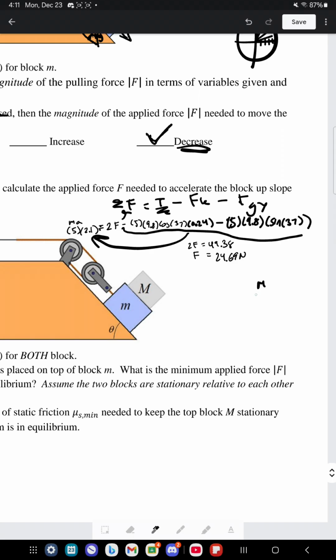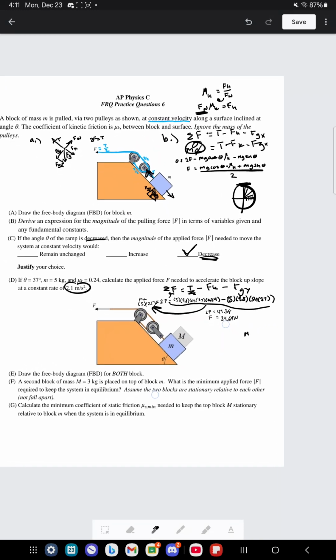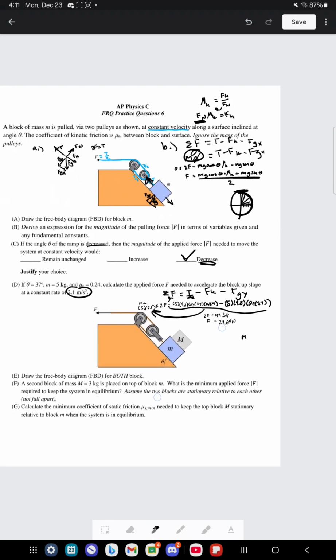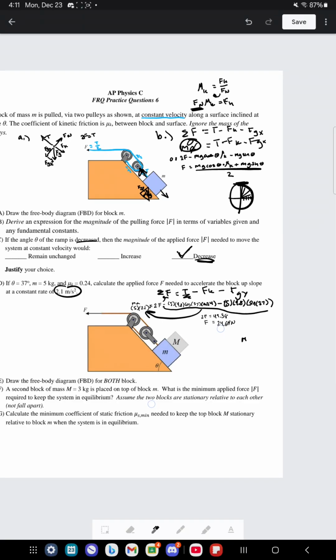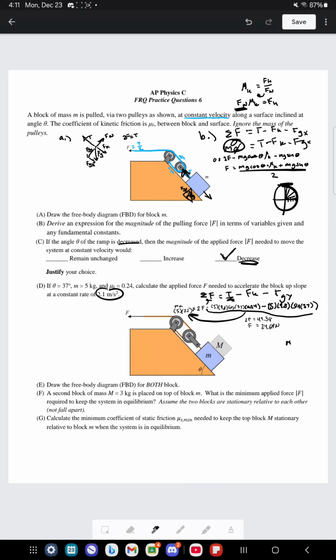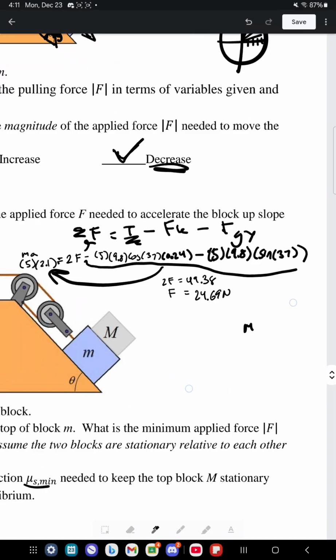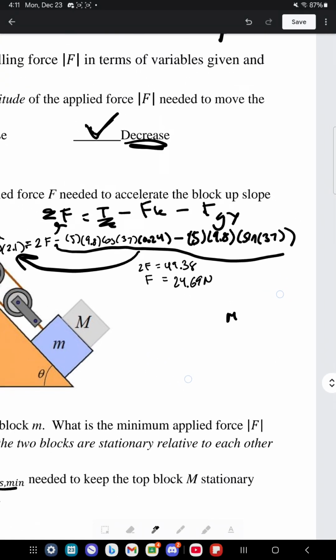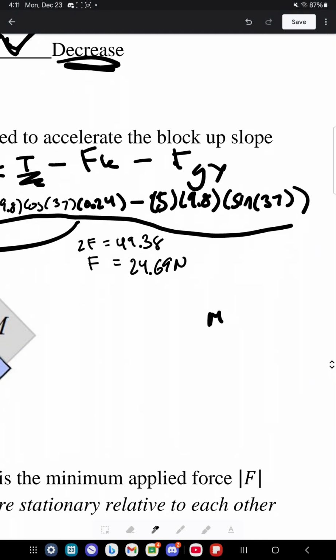Well, let's see, does it say there is a friction? Yeah, in the next question it says there is a friction coefficient, so I don't want to just assume there was.